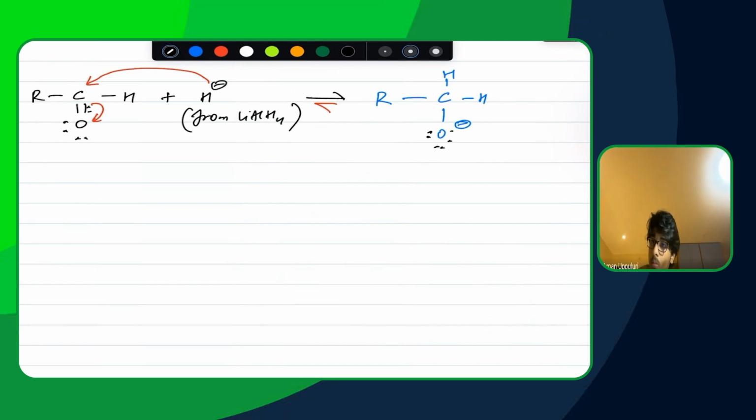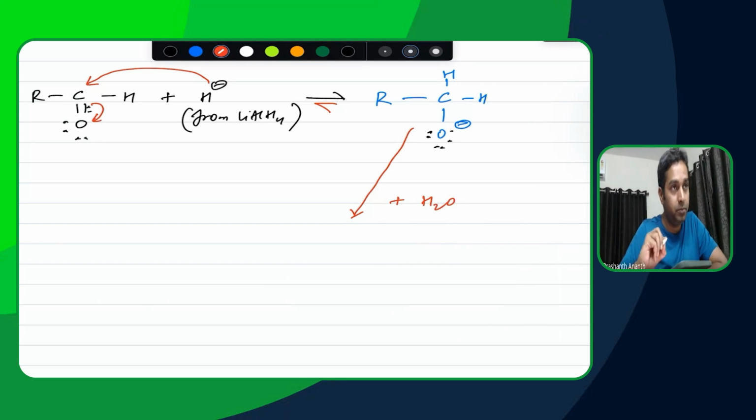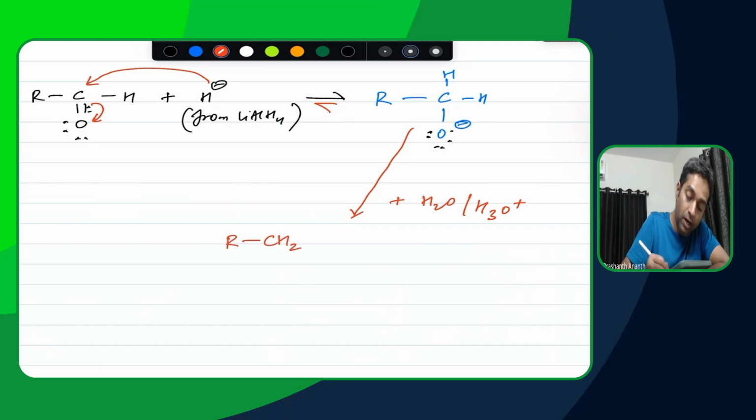This is what is going to be happening, which is then going to be accepting a H plus from water when you perform hydrolysis, either from H2O or from H3O plus, whichever way you look at it. This fellow ends up accepting it and becoming RCH2OH.